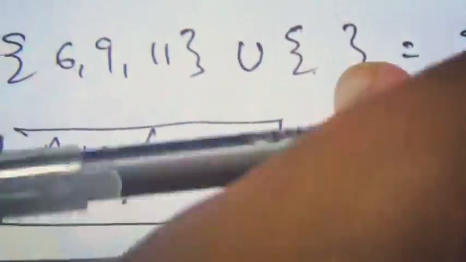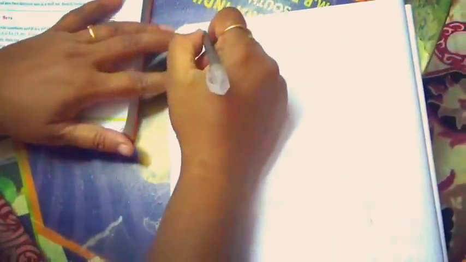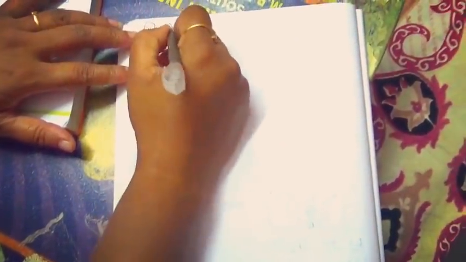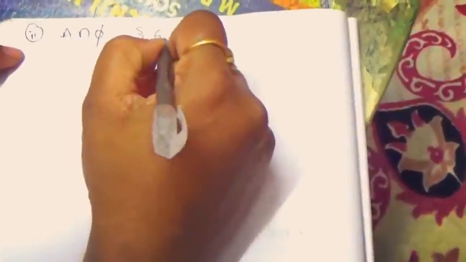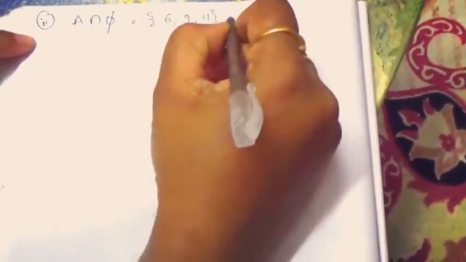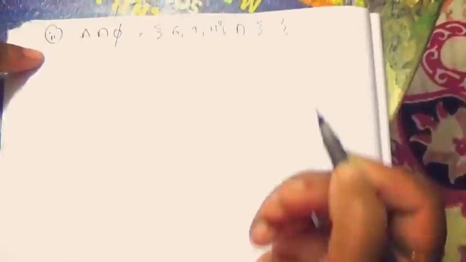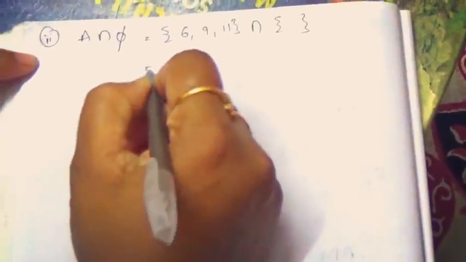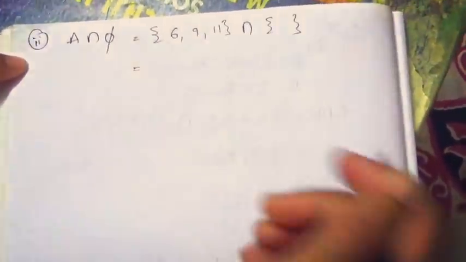Okay, one more thing you have to prove here, in this sum, that is the second one: A intersection phi, you have to find out. That is the A set, 6, 9, 11, intersection null set. What are the common elements present in these two?